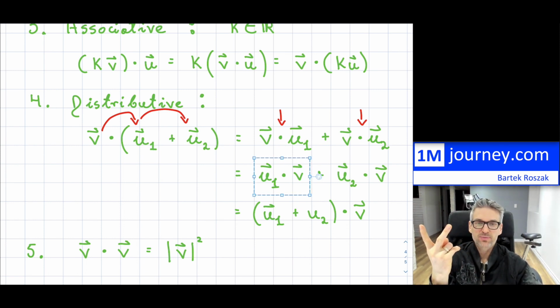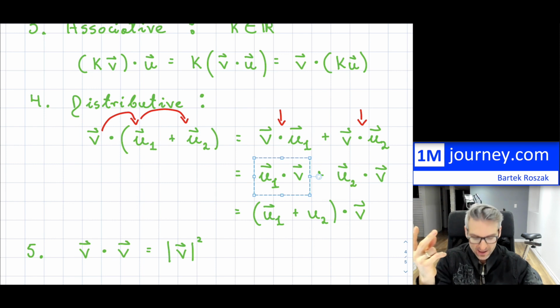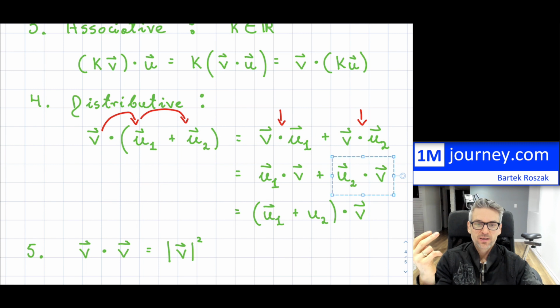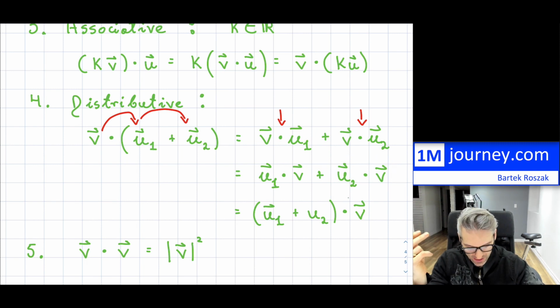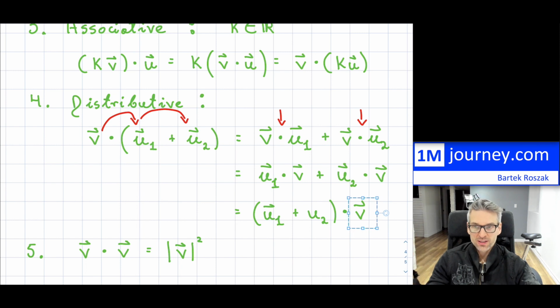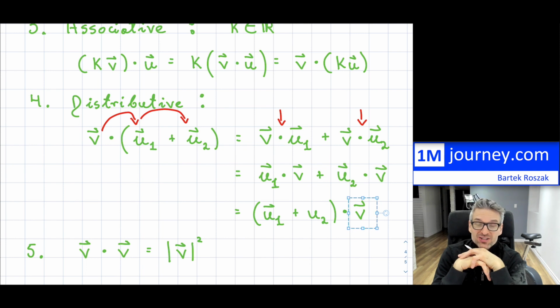So I just swapped the v and the u1. And I can do the same thing for swapping the v and the u2. And then I can take out the v outside from here. And you notice that it doesn't matter if the v is first or if the v is last in terms of that dot product. So that distributive property is super useful, and it works the same way as you did it with terms.